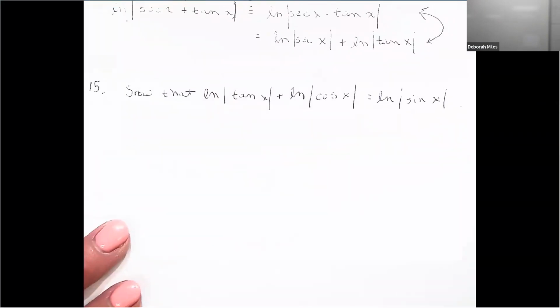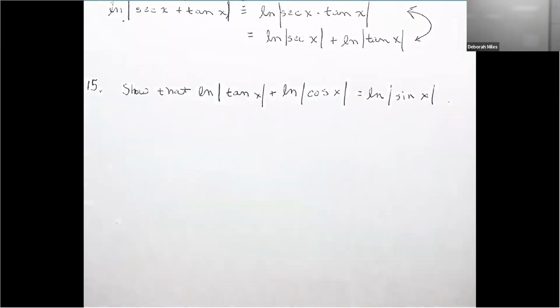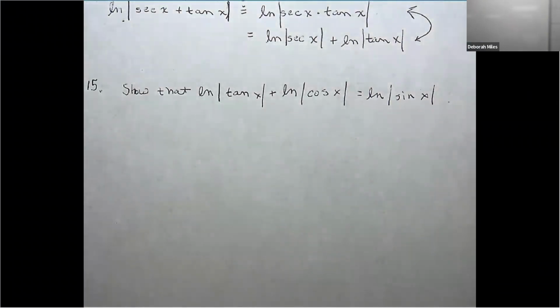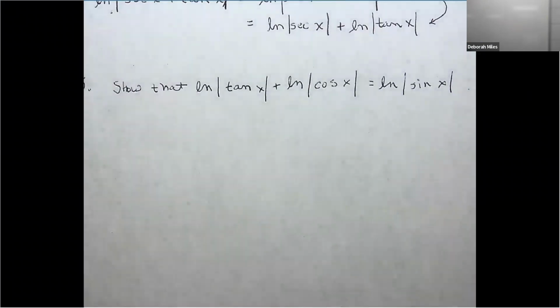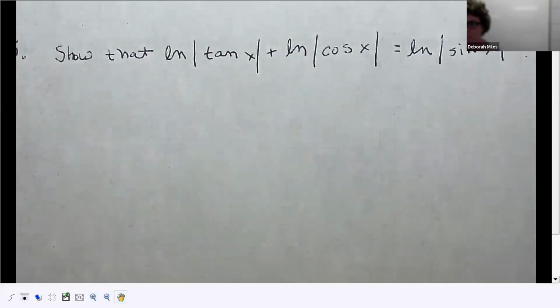Eeny, meeny, miny, mo, which side do you want to start with? I would start with the left. It looks more complicated. I would say start with the left-hand side.